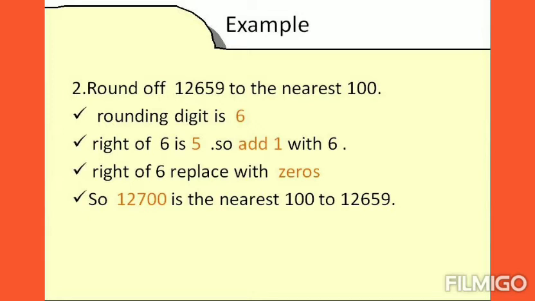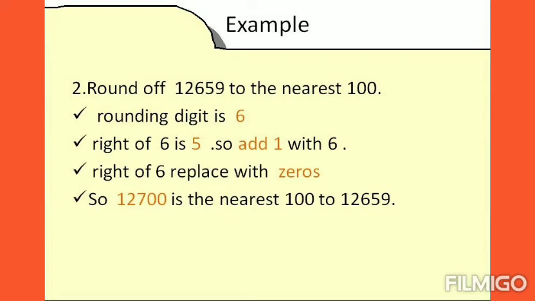Now another example, 12659. We have to round off this number to the nearest 100. As usual, find the rounding digit which is at the hundreds place, as we are rounding the numbers to the nearest 100. So 6 is the rounding digit. To the right of the rounding digit we have 5.